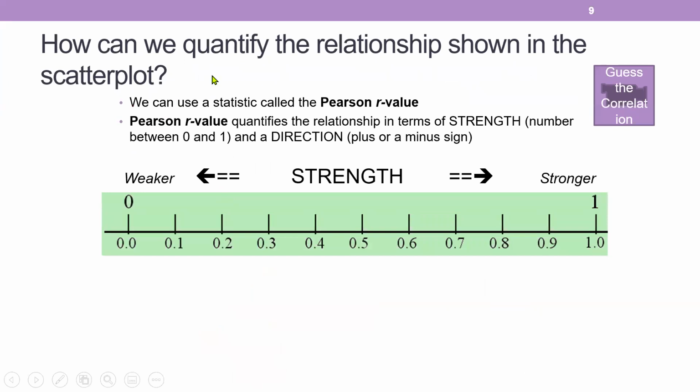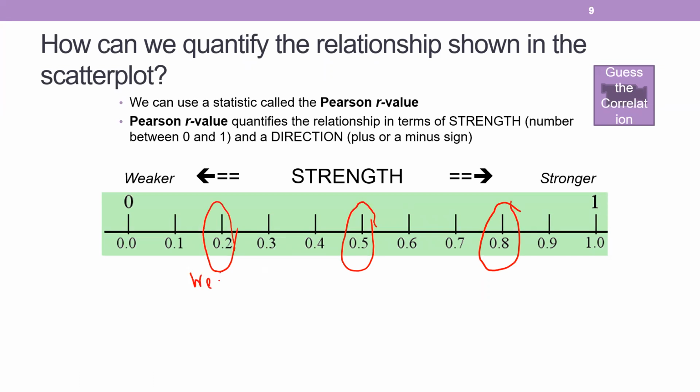And then this is how we quantify the relationship in terms of strength. So strength indicates how closely those points are to the line. And they range from 0 all the way up to 1. And you can see all of those values in between. Here is our strong. Here is our moderate. And here is our weak relationship.